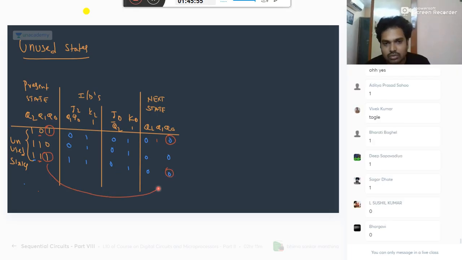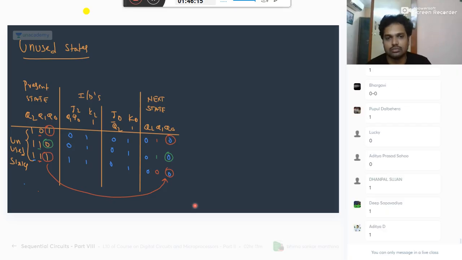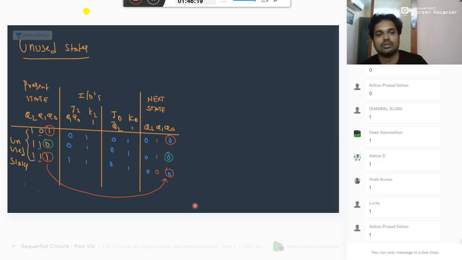You observe, this Q0 changed from 1 to 0. Previous bar of 1 is 0. Now in this case, present is 0, next also 0. No change. No change means as it is. This table you should understand properly, then your life is happy.